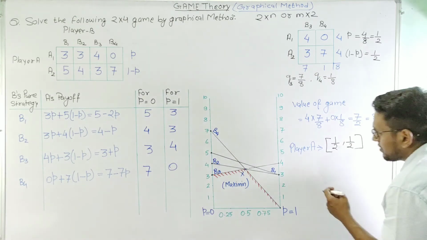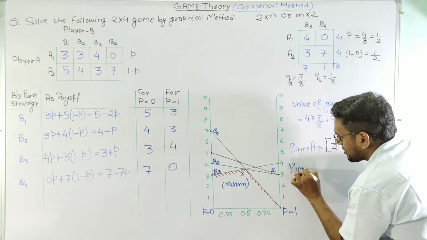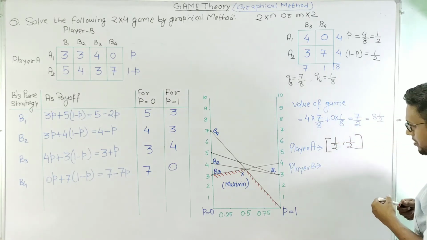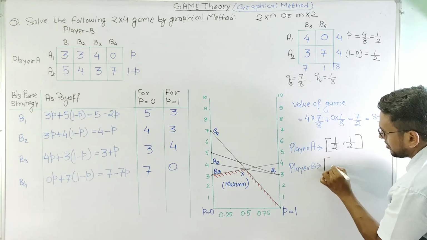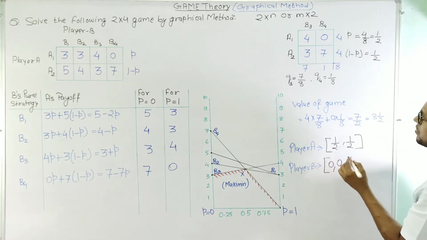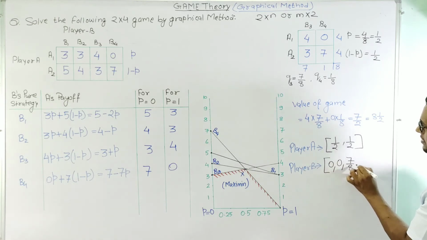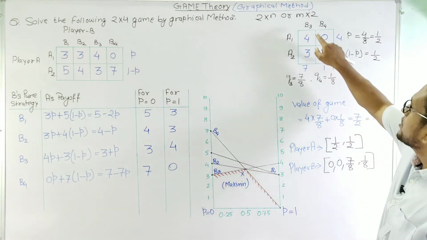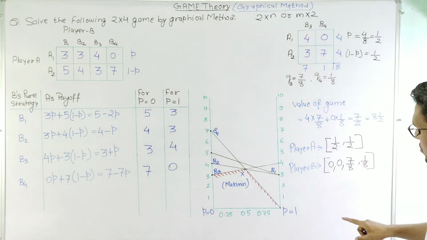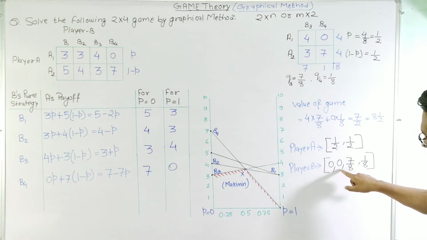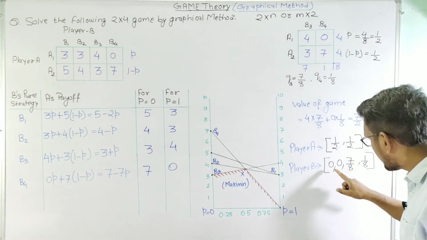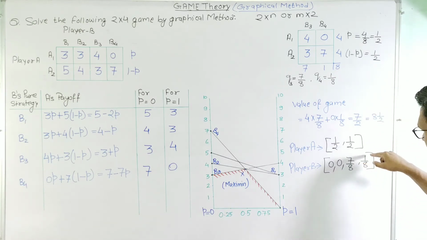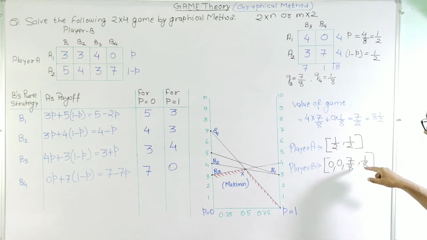Now the optimal strategy for player B can be given as 0, 0, 7 by 8 and 1 by 8. Here we can see that we do not have strategy B1 and B2, so B1 and B2 have 0 probability. That means player B will not play strategy B1 and B2, and will play strategy B3 7 by 8 times and strategy B4 1 by 8 times.